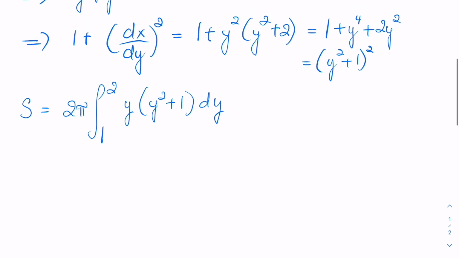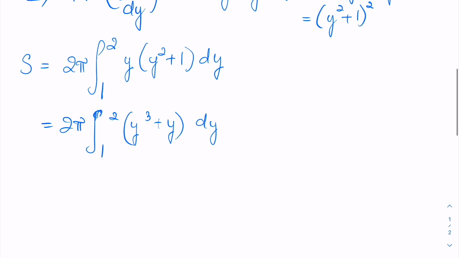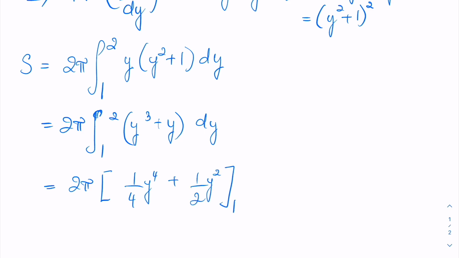All right, now we can simplify that: y cubed plus y dy. So when we integrate, we ended up with 2 pi times 1/4 y to the 4th plus 1/2 y squared from 1 to 2.